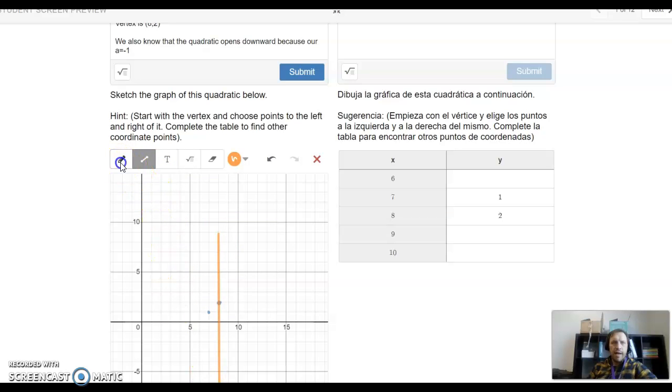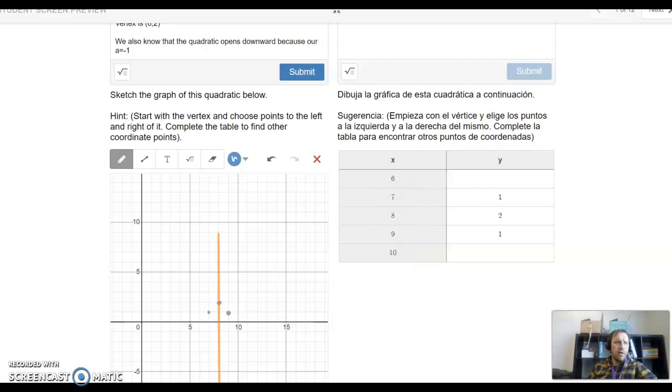And so I know that if it's (7, 1), it's also going to be (9, 1), because they're symmetrical, right? This is where we stressed this on our last assessment. Okay, 8 gives me 2. On either side of that, I get back 1. So now we need to test 6.